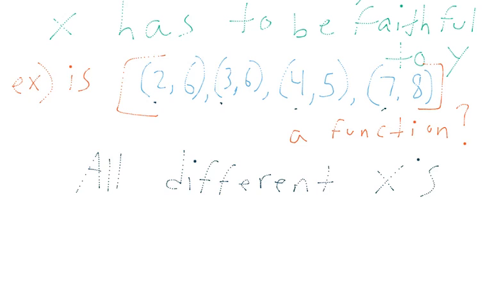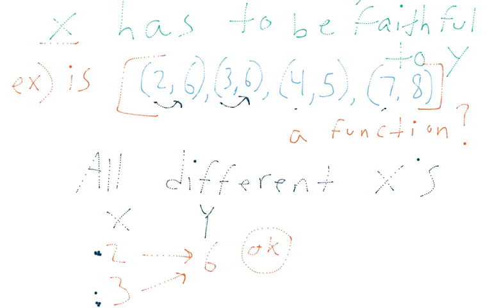Now I know that when x is 2, y is 6, and when x is 3, y is 6, and that's okay. Because again, the x's have to be faithful and only have one output. The y's don't. It's kind of a double standard. That's just how it is with functions. So these can both go to the same y, and that's fine. So yes, this is a function.